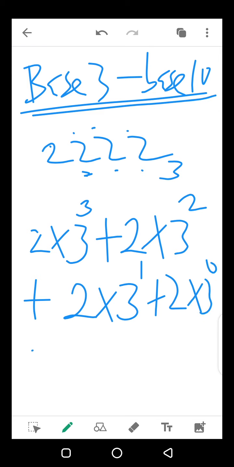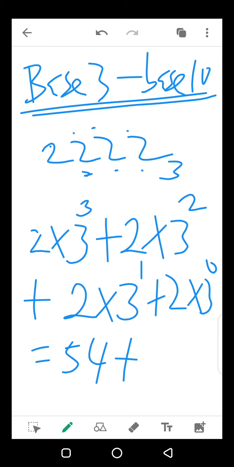And so we have 3 raised to power 3 is 27, times 2 is 54.